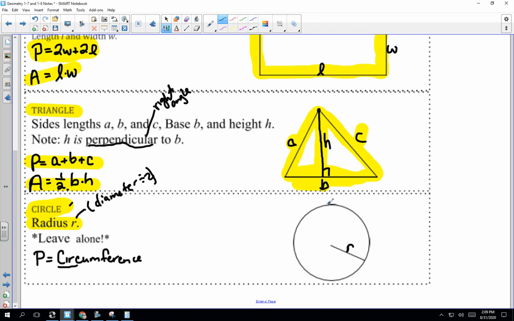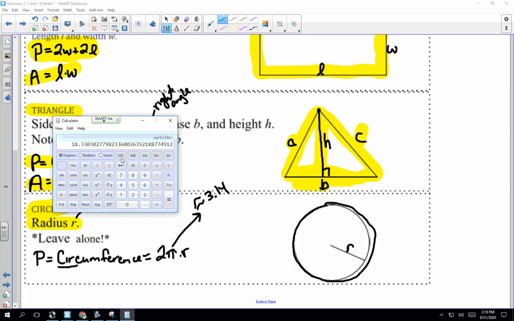It's as if we are sitting on this part of the planet and we go all the way around our sweet planet Earth. How far have we traveled? Well, let me tell you, it is 2 times pi times r. Pi is a number that's approximately equal to 3.14.